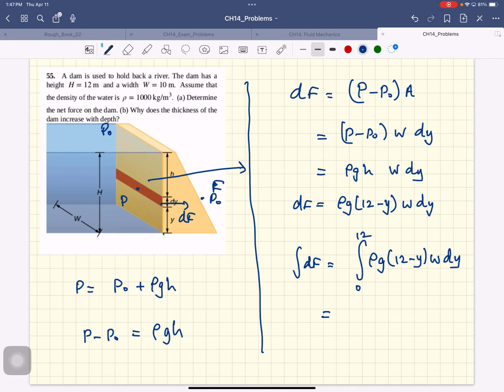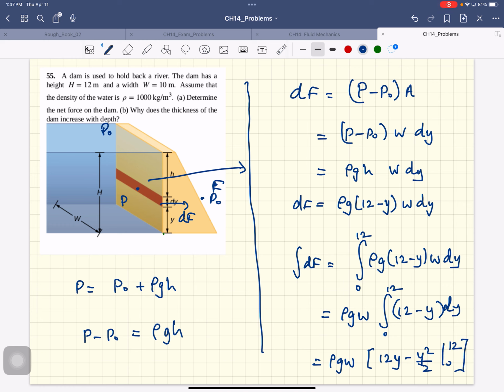So rho g W is constant, okay, and that's the net force.